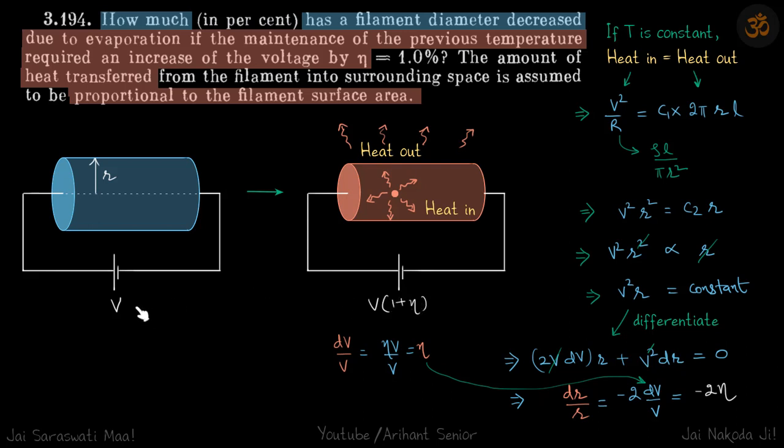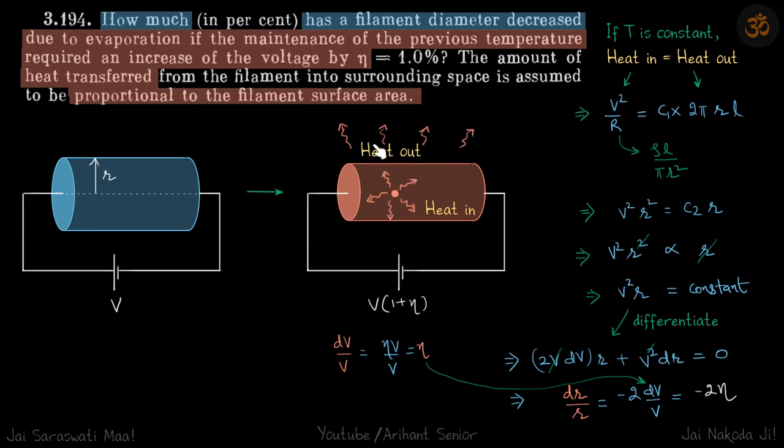So with time, if the battery is same, the potential difference is same, and power generated inside a resistor is V square by R, right? And R, if you remember, is rho L by A, which is rho L by pi R square. So if R reduces, the power generated inside also reduces. So the heat generated inside this resistor also decreases, and heat escaping is also reducing.